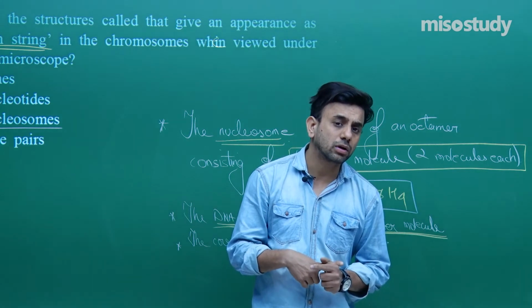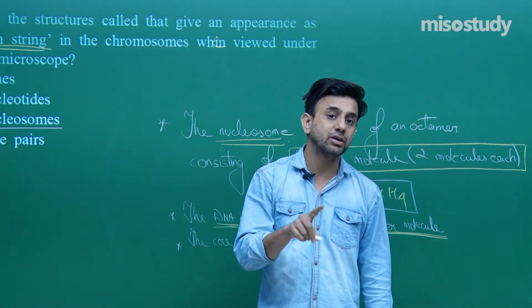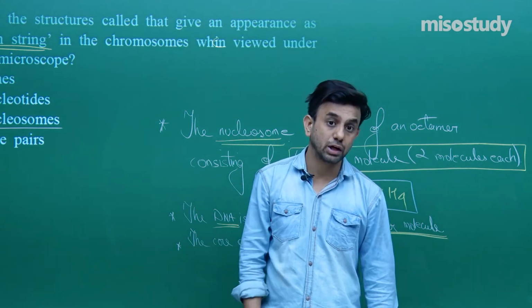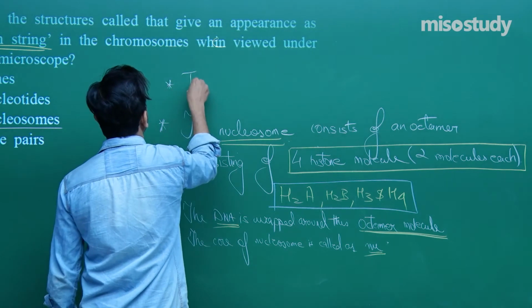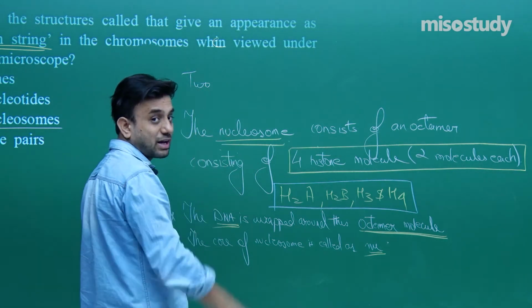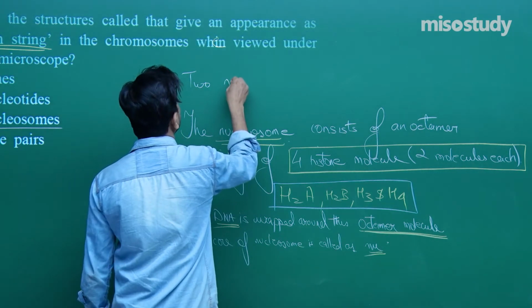by what? By linker DNA, which is associated with H1 histone. Let me say it in a little more detail; this is the last line I am giving you for this question.